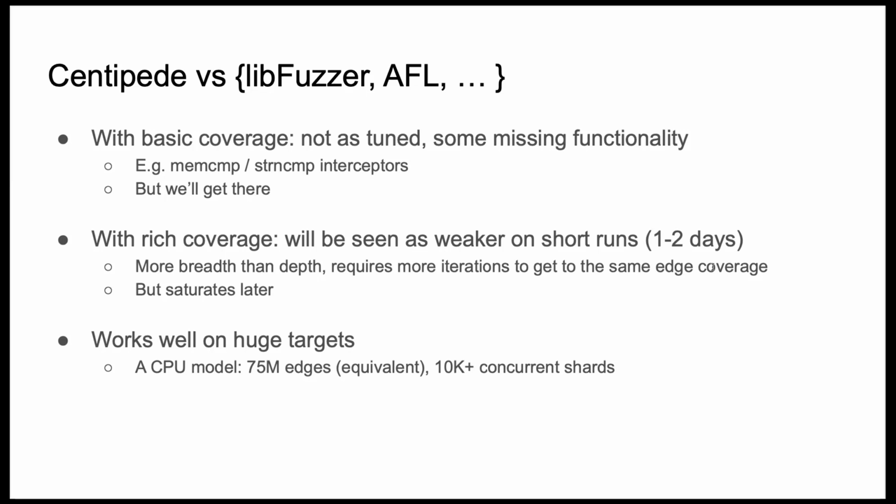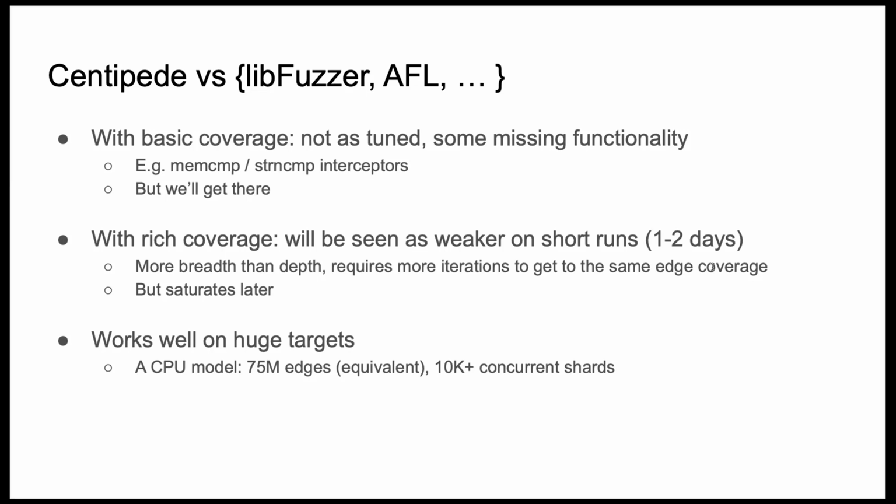In fact, our colleagues from FuzzBench tried it and found that on some benchmarks, Centipede and libFuzzer are similar, and on some, Centipede is much worse. We know at least one reason why: we just didn't implement some of the things that libFuzzer and AFL have, such as memcmp and strcmp comparison interceptors, and logic that uses them.